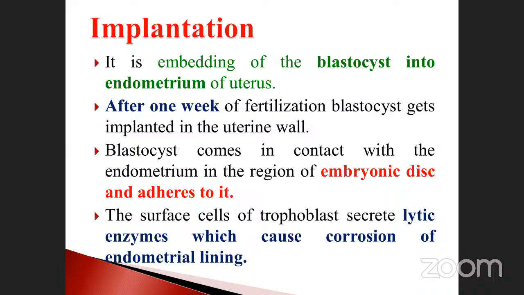This is the implantation. When you are going to test your baby, isn't it? At that time, what they are doing, the donor of the egg as well as the sperm are collected from different parents or the same parent. After that, the union or fertilization takes place in vitro within the lab.